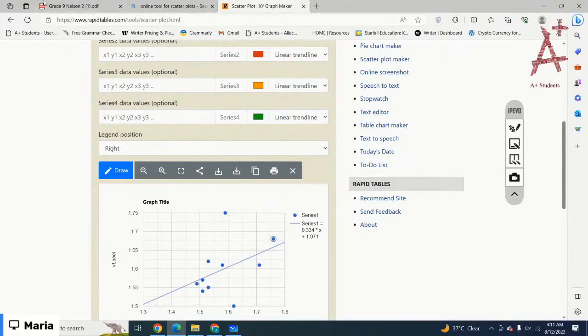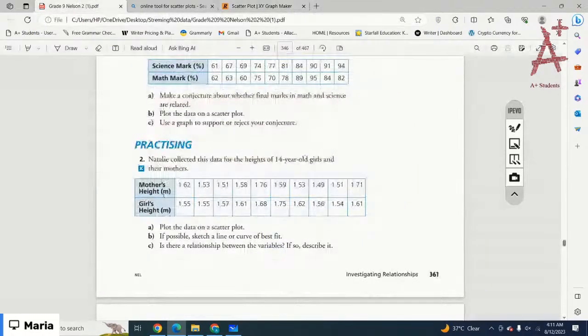You can see the values. The Y values are increasing: 1.55, 1.57, 1.61, 1.68, right? That means the girls' heights are increasing. That means the values are related, right?